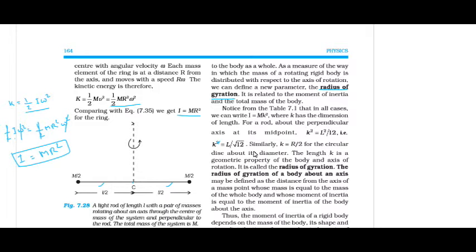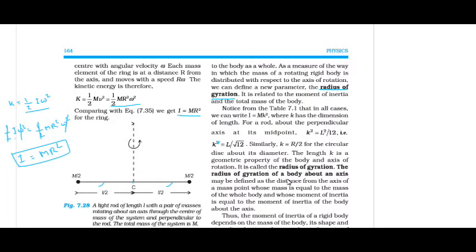Similarly, k is equal to R by 2 for a circular disc about its diameter. The length k is the geometrical property of the body and the axis of rotation. It is called the radius of gyration.